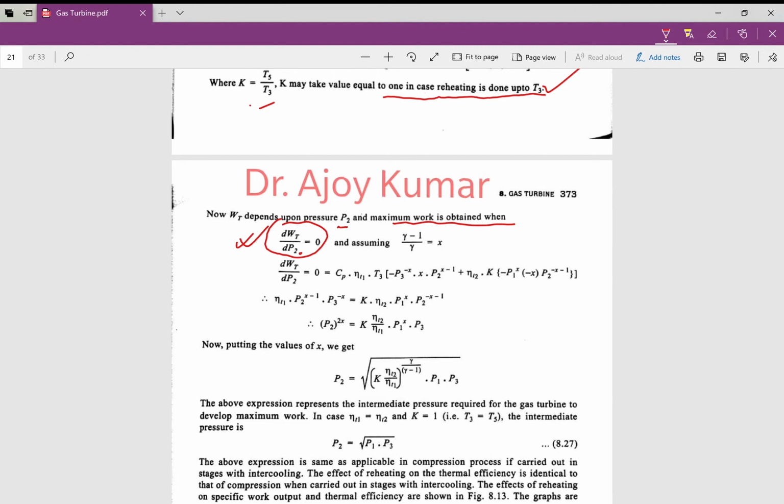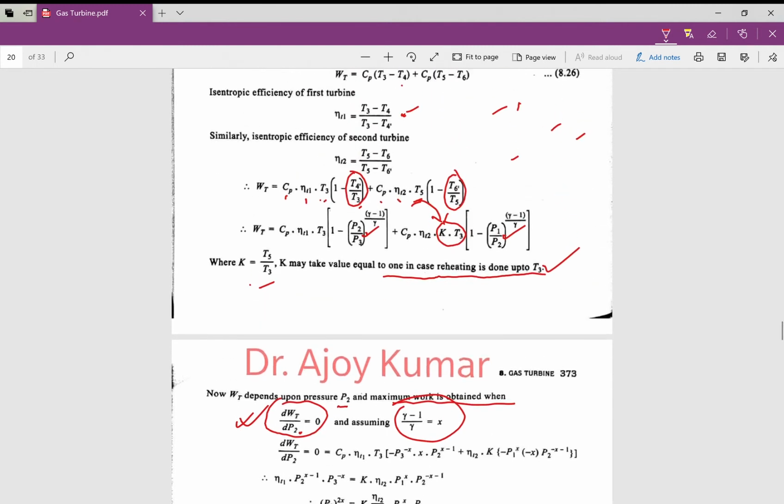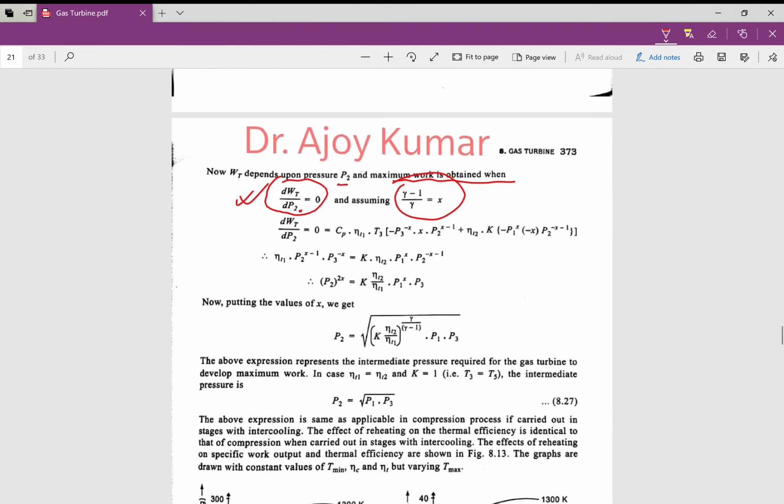So now let us assume gamma minus 1 upon gamma is equal to x. In this equation we are getting gamma minus 1 here and gamma minus 1 upon gamma over here also. So for simplification, let us assume gamma minus 1 upon gamma is equal to x.